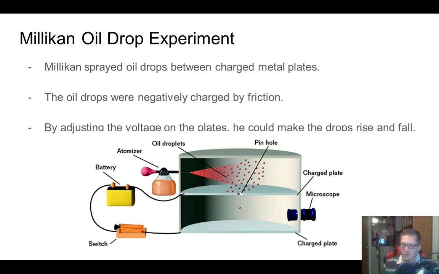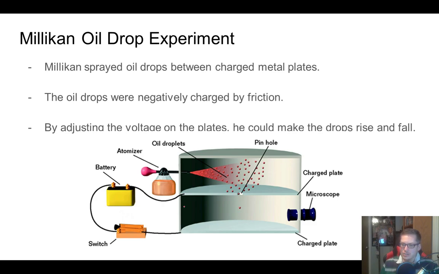So when the oil drops got sprayed out of the atomizer, they got charged because of the friction of them rubbing against each other and rubbing against the nozzle. And so these droplets come out with a charge, positively or negatively, and they fall through this hole here. And then with a microscope, he could actually see the path that these oil droplets would fall. Because they could only fit through this one tiny hole, he could easily see all these charges.